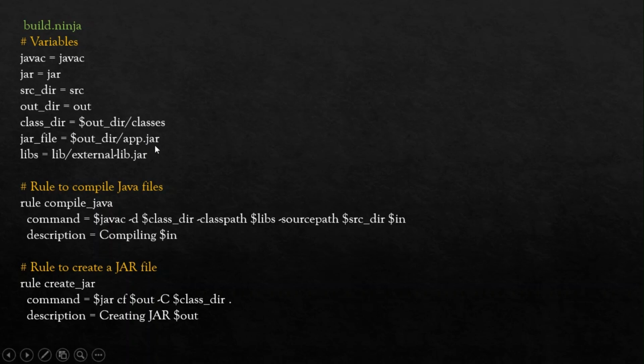And whatever jar file is generated inside the out directory, I'm storing under the variable jar file. And my external lib.jar also I'm storing under the libs variable. So basically this is the initial step we do before we write any program, right? So we are declaring the variables here.